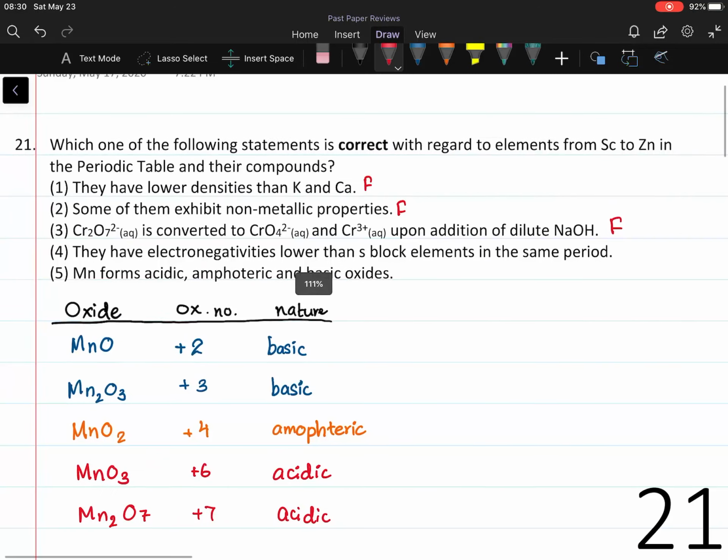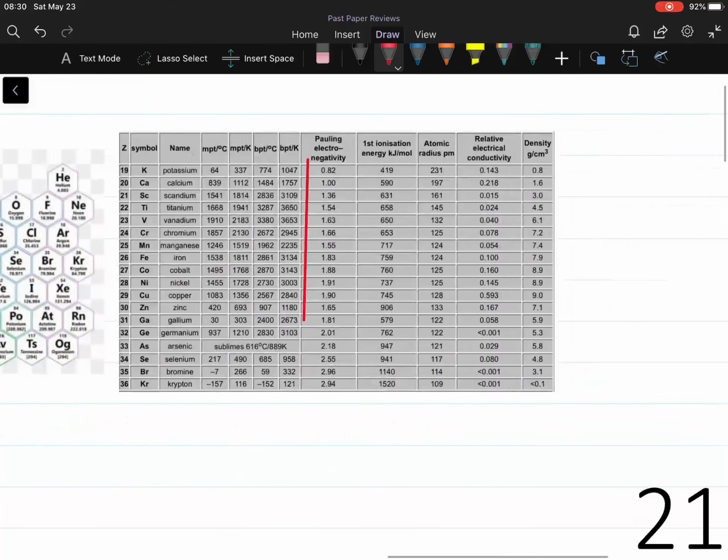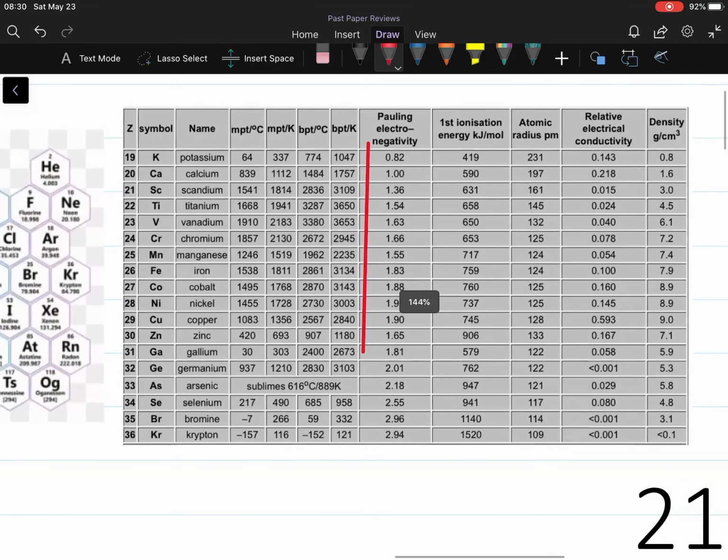Statement number 4. They have electronegativities lower than S block elements in the same period. Electronegativity is the ability of an atom to attract the bond electrons towards itself. According to this graph, along the period, the electronegativity value increases up to copper, and there's a slight decrease in zinc due to its somewhat saturated nature.